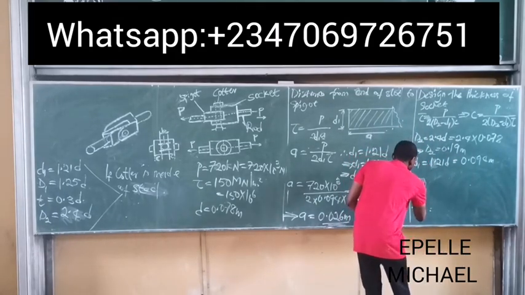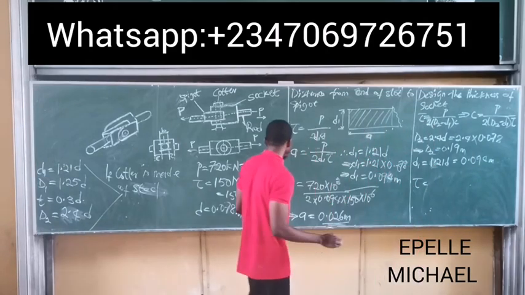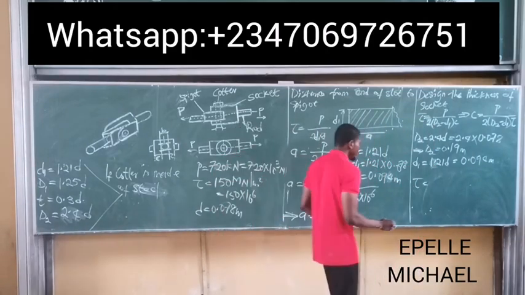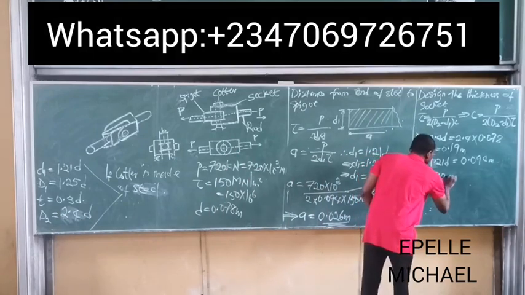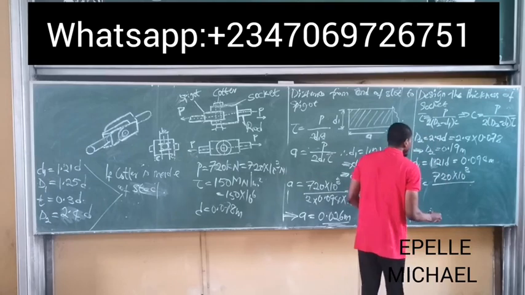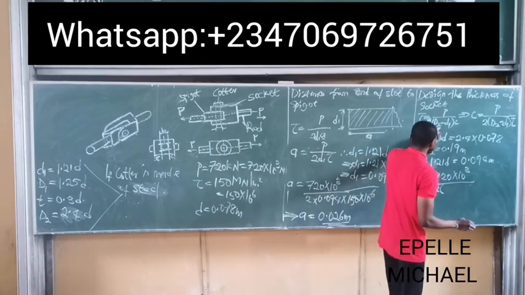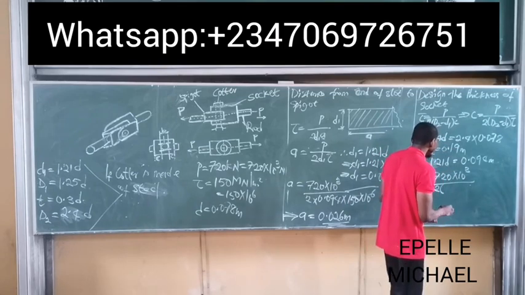Shear stress tau is now equal to the force. The load was given as 720 kilonewtons. Same thing, 720 by 10 to the power of 3 all over, we have 2 times D2 minus D1, and D2 is 0.19.